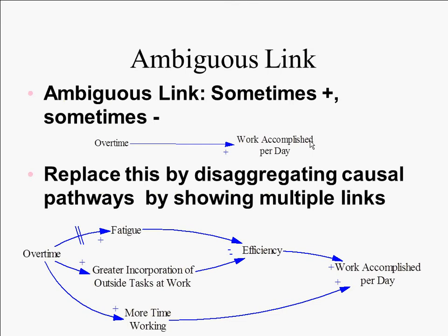One pathway is that overtime leads to more time working, which leads to more work accomplished per day, all things being equal. So I spend more time working, nose to the grindstone, getting more done. That's one naive pathway that operates pretty well in the short term.